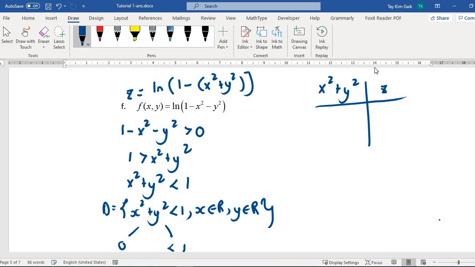When x squared plus y squared is the minimum value 0, so 1 minus 0, so ln 1 would be 0. Okay, ln 1 we get 0. And then we have this value must be less than 1. Let's say put 0.9.